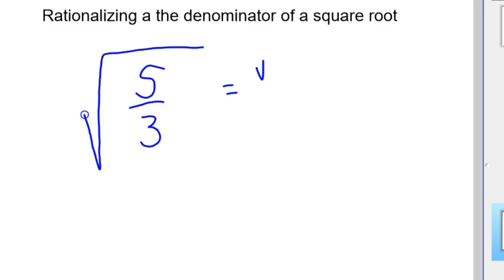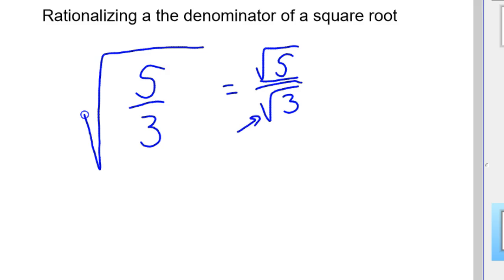Well, first off, this is the square root of 5 over the square root of 3. And again, I showed you how to simplify that in a separate video. So for now, we're just going to simplify it as we don't want a radical in the denominator.